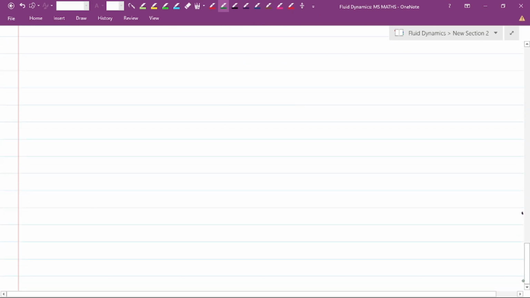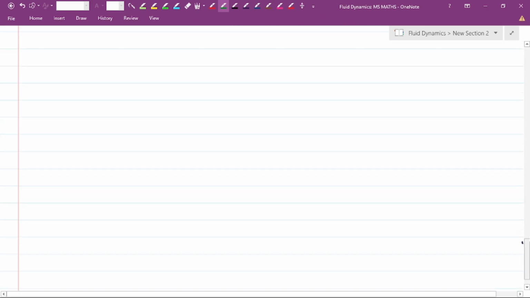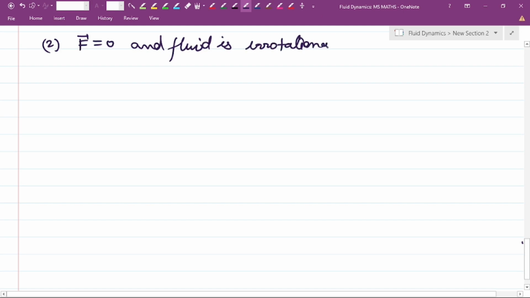Okay, and now we can take the case number 2, where the f vector is equal to 0 and the fluid is irrotational. Irrotational means that the curl of q, or del cross q, is equal to 0.